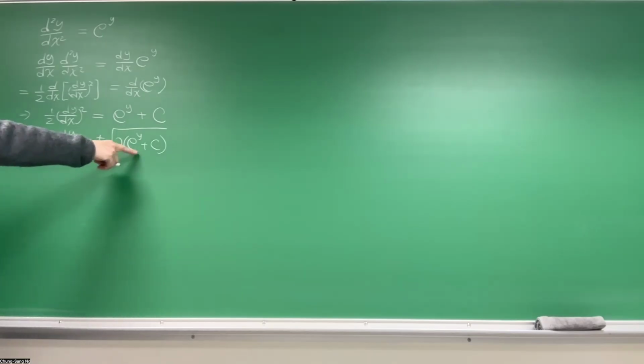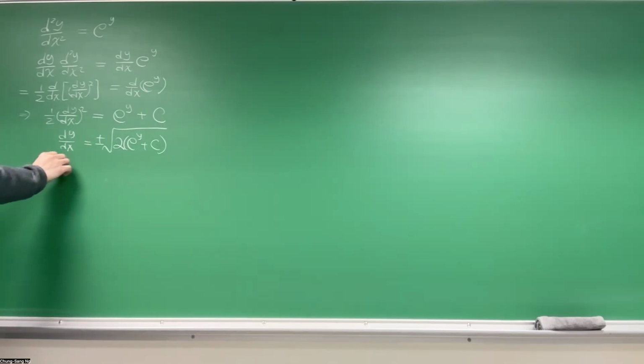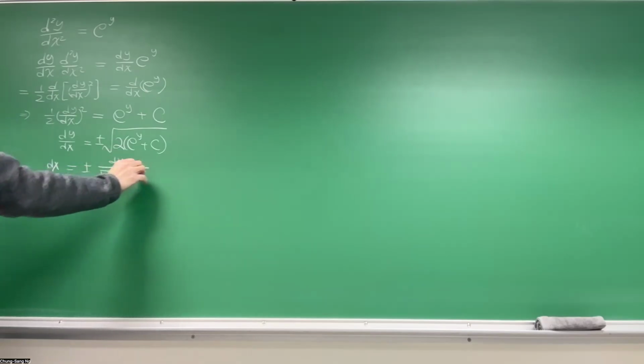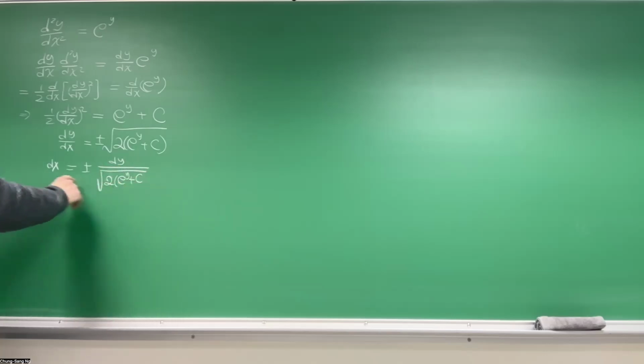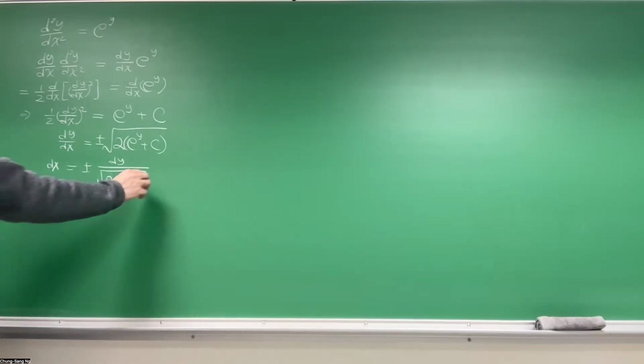This is just a function of y, and then you can say dx equals dy divided by that, integrating plus c. So you can integrate it out and get x as a function of y in principle.